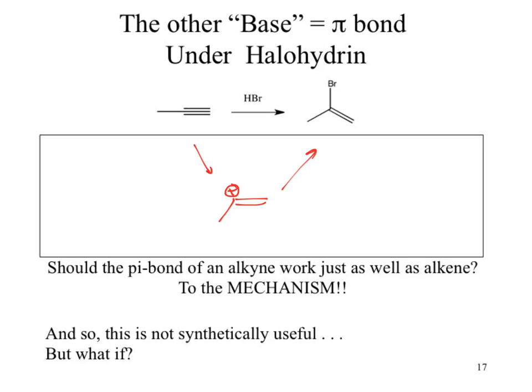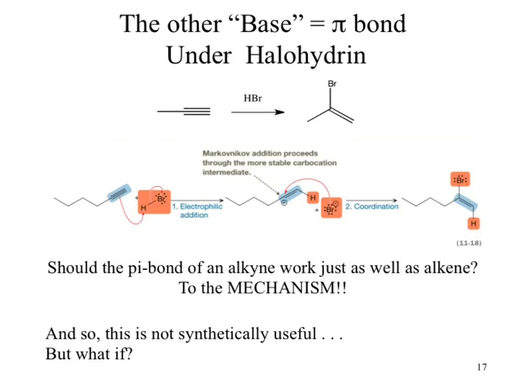So the yield for this reaction is incredibly low. You're talking 2% yields. So this reaction does not work well at all. It is highly reversible. It goes back to the alkyne almost immediately, and we end up with no real yield of our product. And that sits on that very odd-looking carbocation.